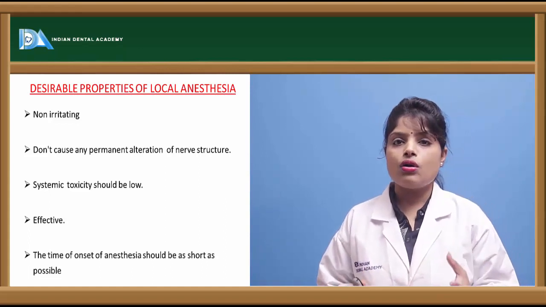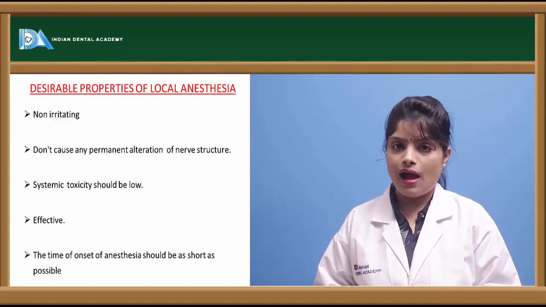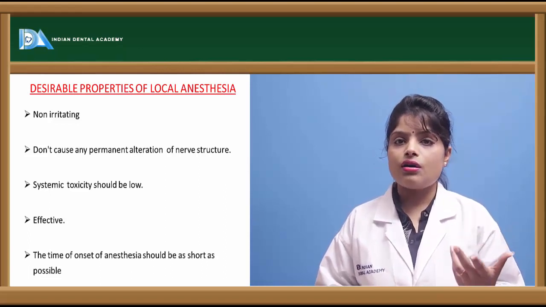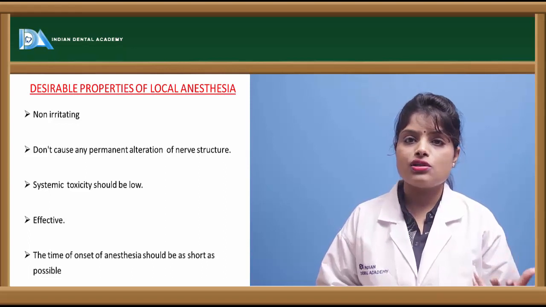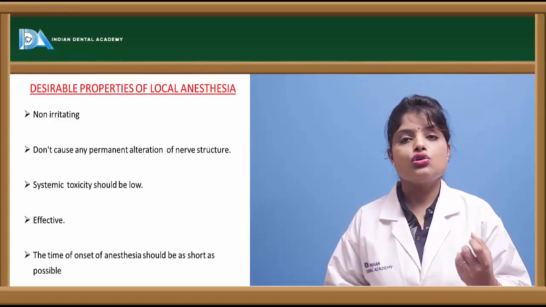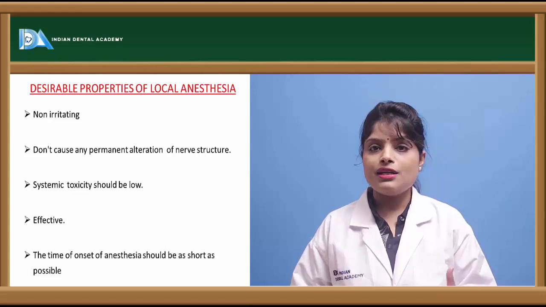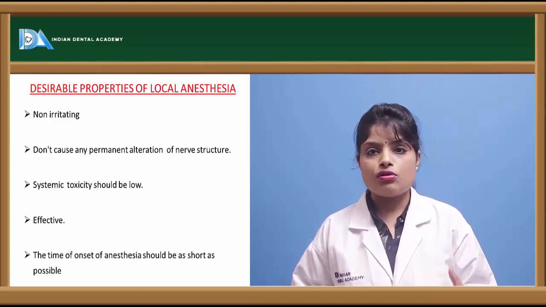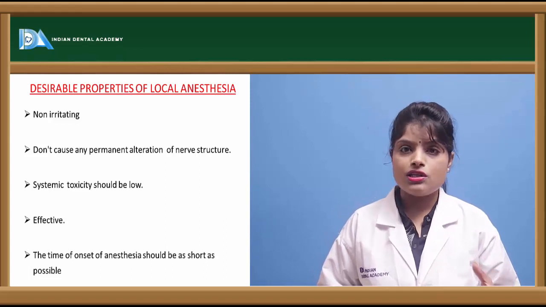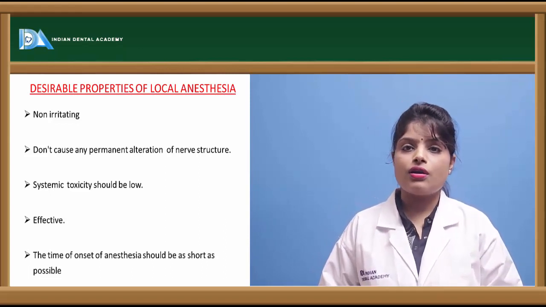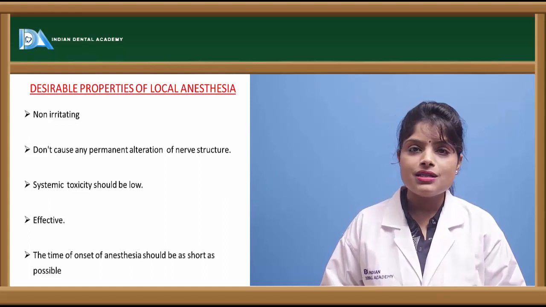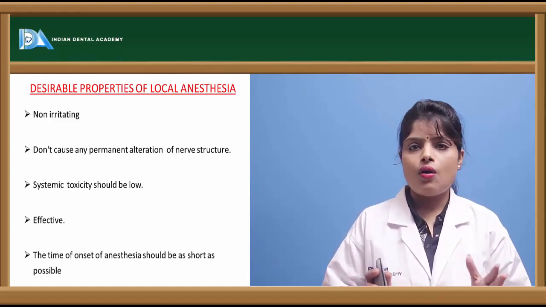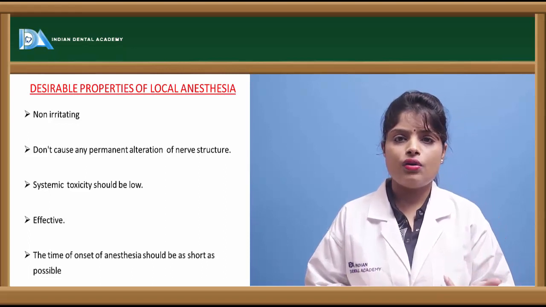So it should be biocompatible, non-toxic, have a great onset of action, and the duration of action should also be prolonged, but not much longer than the procedure. If the procedure is going to be conducted for an hour, or 15 or 20 minutes, the duration of action of the local anesthetic should last that long.